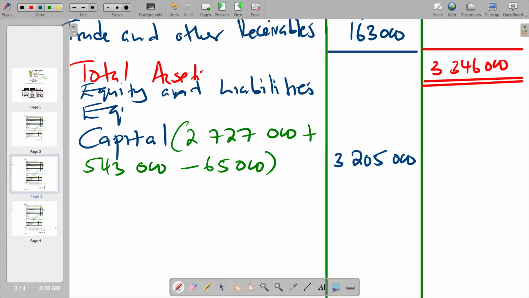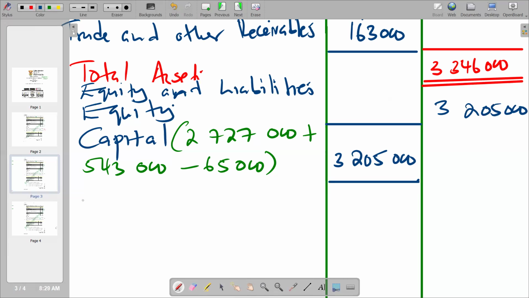That's the one that is going to start. So this figure is going to represent us as equity. So we can just put it there as equity, which is 3,205,000. So that's what we have.